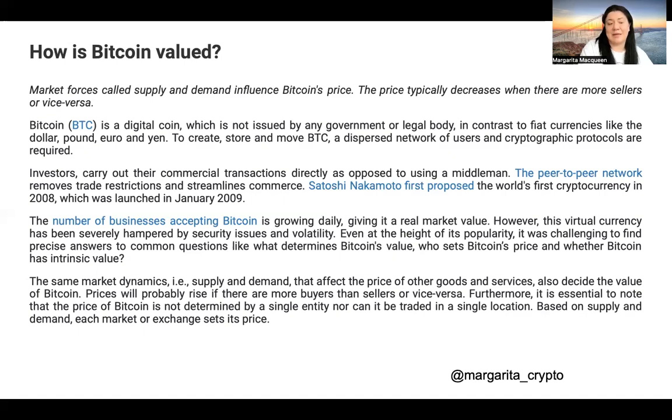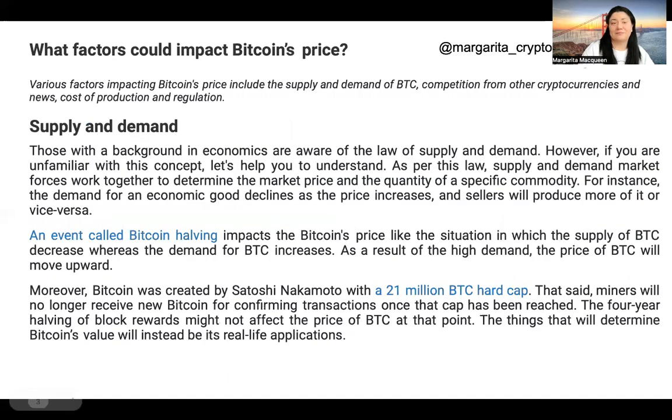It's based on supply and demand. Each market or exchange sets its price. So you can see in one place it can be like 5 cents more or 5 euros bigger price or whatsoever, right? So it's pretty much determined by who's buying and who is selling, you know? That's kind of understandable, right?